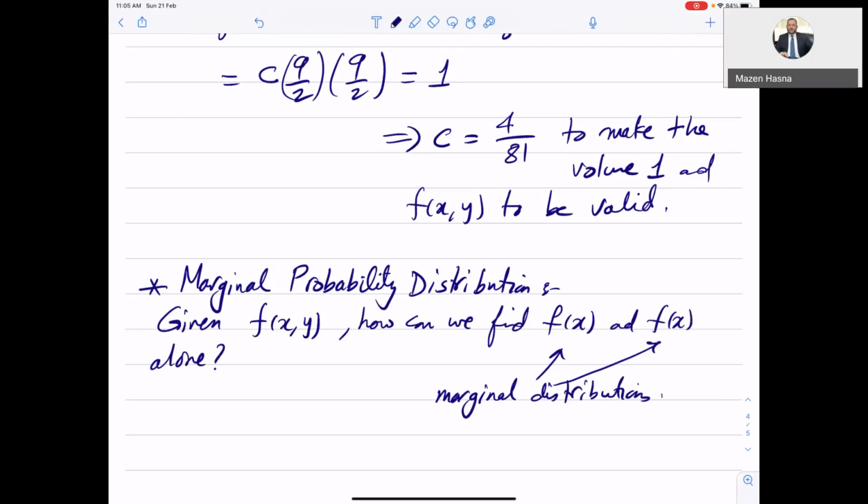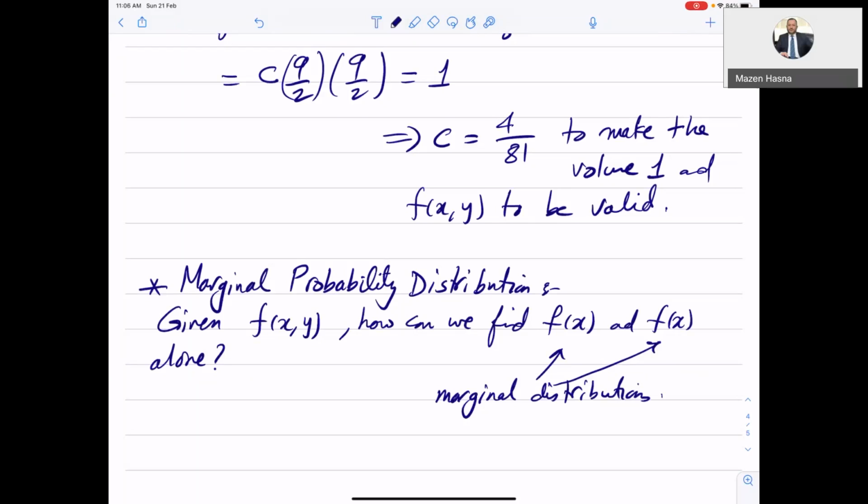And again, this is very common. If you have an experiment that has many random variables interacting with each other, then you might be interested in extracting one of the random variables to study its behavior individually.